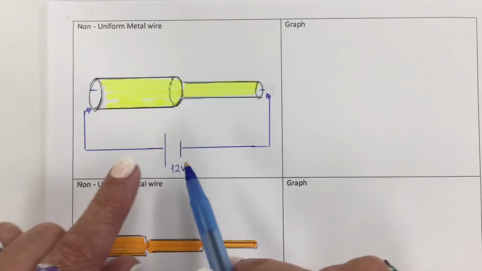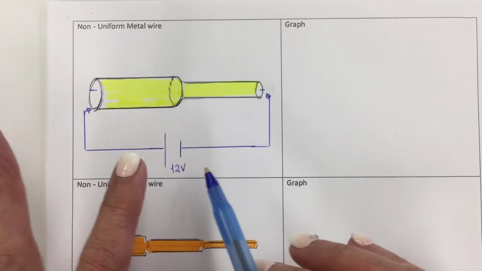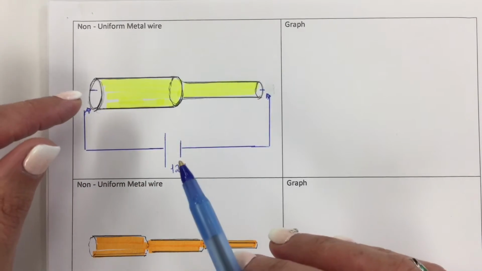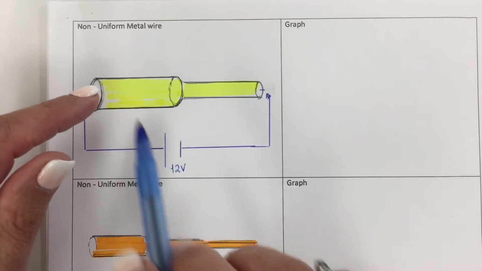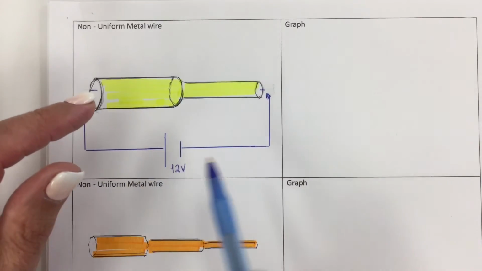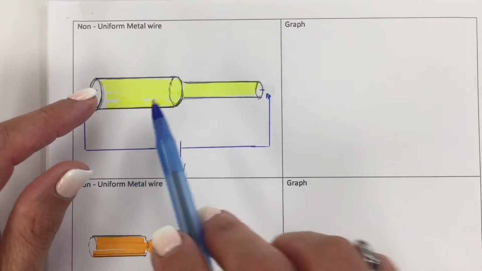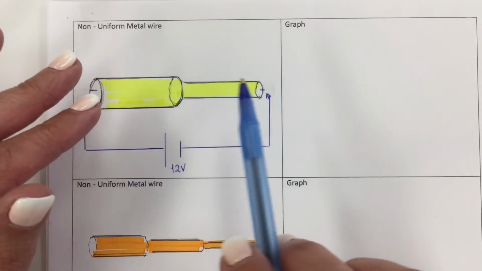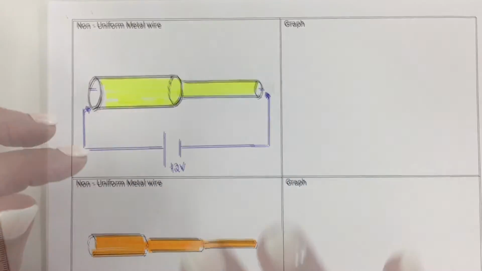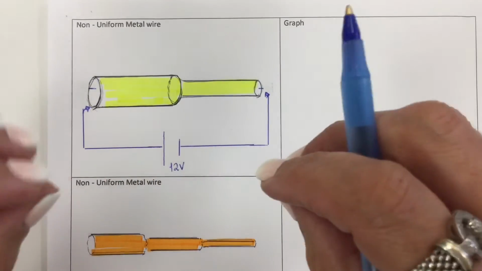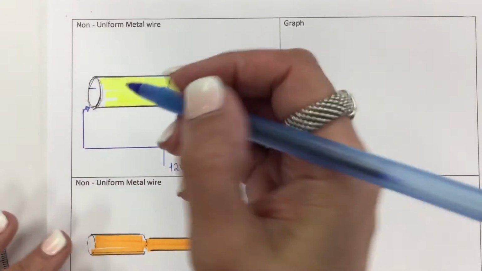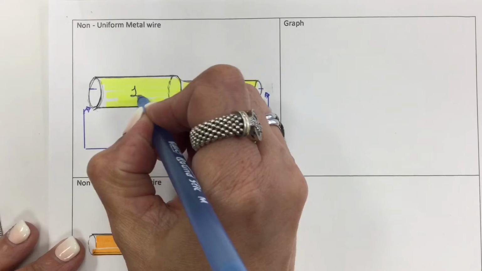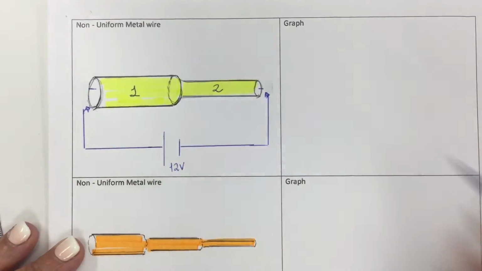The terminals of the voltage supply are going to be connected at one end of this wire, and the other one will be on different sections of this wire as long as the length is increasing. Because here we have two distinct areas, we are going to call this one 1 and this one 2.